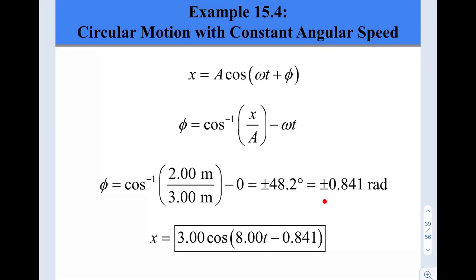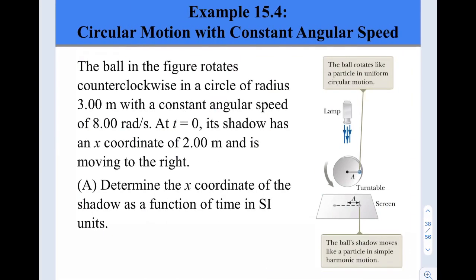Because, according to the question just now, the motion is to the right. Because it's moving to the right, right? So if you visualize the reference axes here, x, y, it is moving to the right.